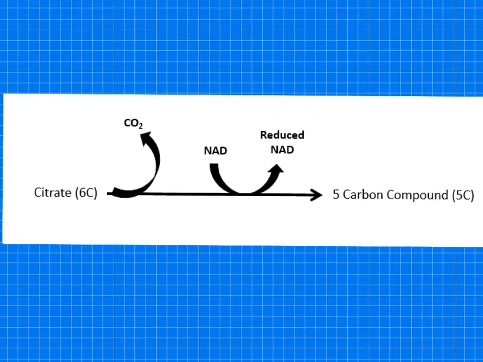Again, here's a quick summary. Okay, so citrate, the decarboxylation comes off, producing CO2 as a waste product, and the dehydrogenation occurs, and the NAD collects the hydrogen to produce reduced NAD, so you get a 5-carbon compound. Now the next bit is crucial.